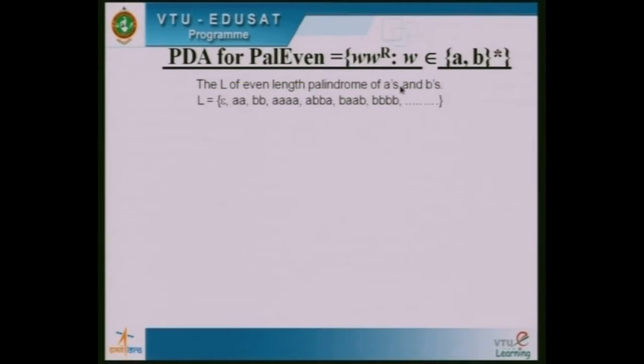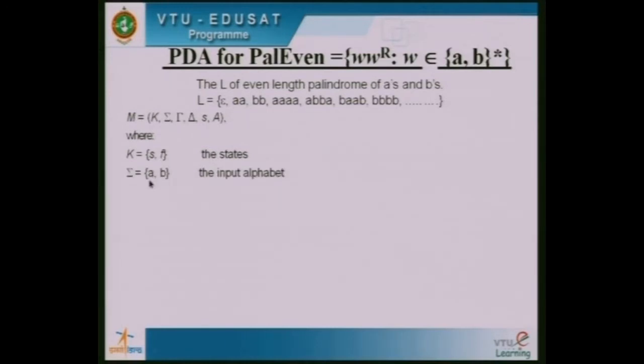Let us take the simplest example of a non-deterministic pushdown automaton, for the language consisting of even length palindromes of A's and B's, where the possible strings in this language are epsilon, AA, BB, AAAA, ABBA, wherein AB is string W and BA is W raised to R. The definition of this PDA is M consisting of K, Sigma, Gamma, delta, S, A, where K consists of S, the start state, and F, the final state.